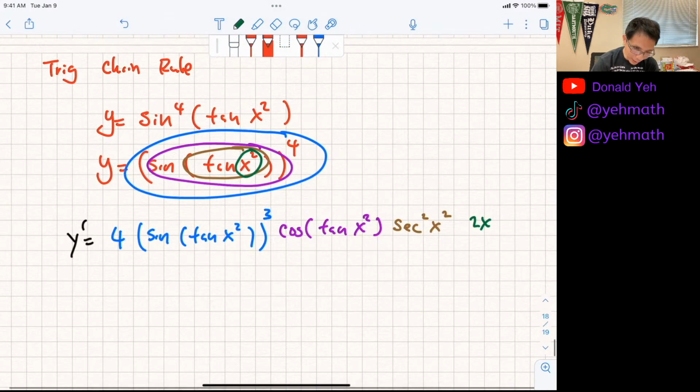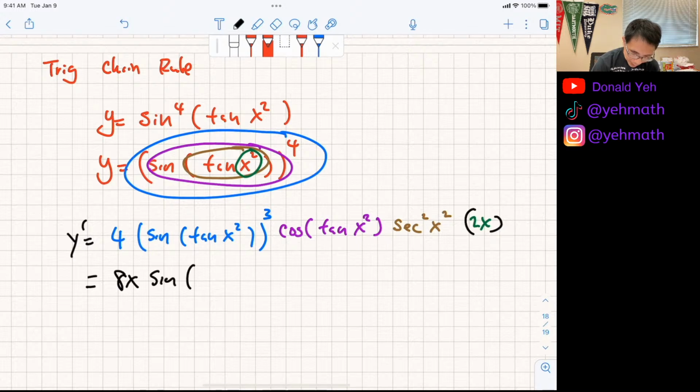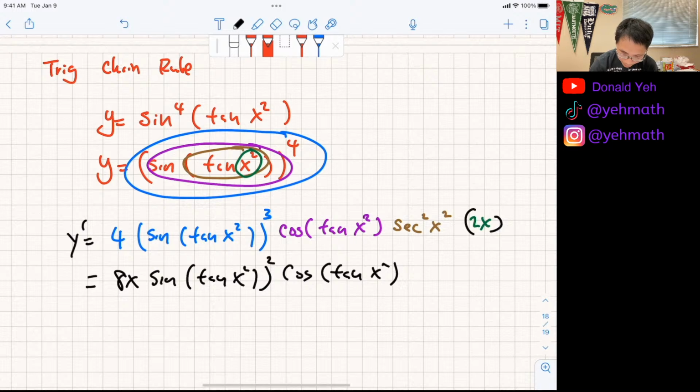So you can finally say the final equation is going to multiply this, 2x and 4, which is 8x sine cubed of tan of x squared times cosine of tan x squared times secant squared of x squared, and that's my final answer, and that's the derivative using the chain rule.